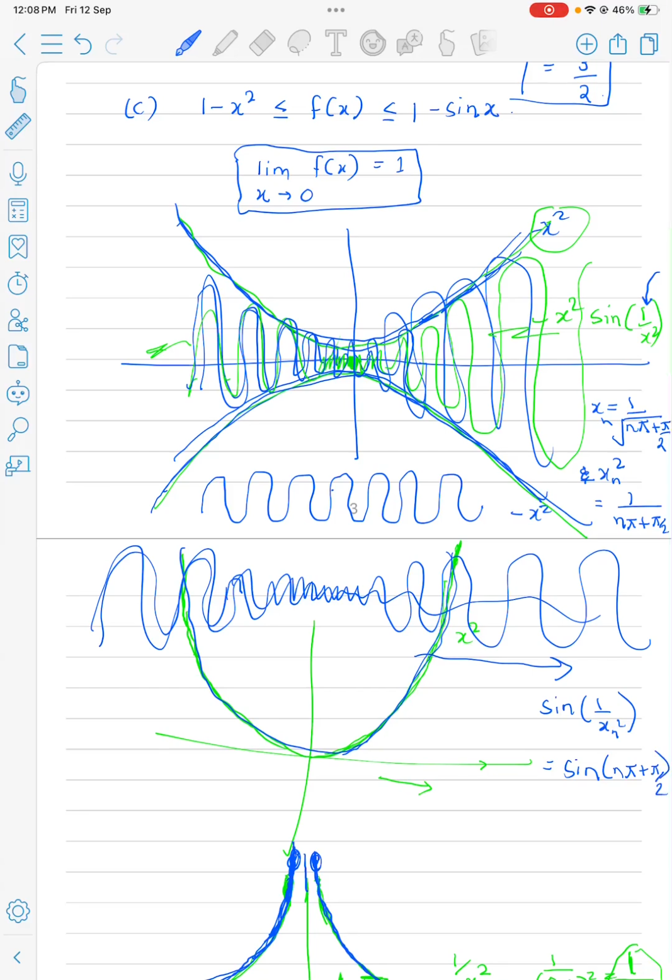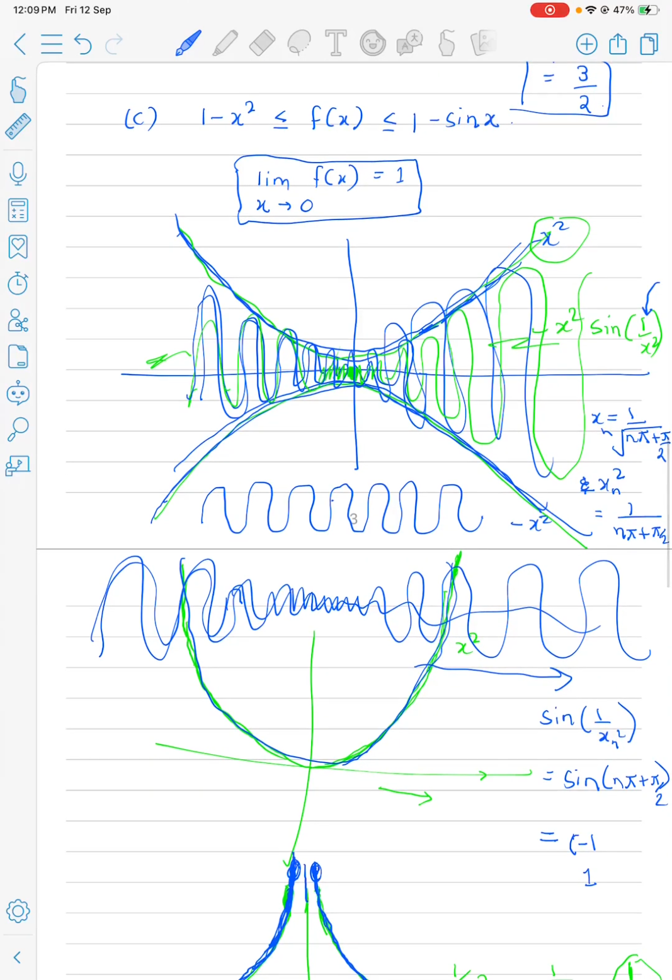Sometimes you will get minus 1, sometimes you will get 1. Multiplied by x square, you will get minus x square and plus x square. So at these points, you will see minus x_n square being attained and x_n square being attained. So there are points where this touches this thing.